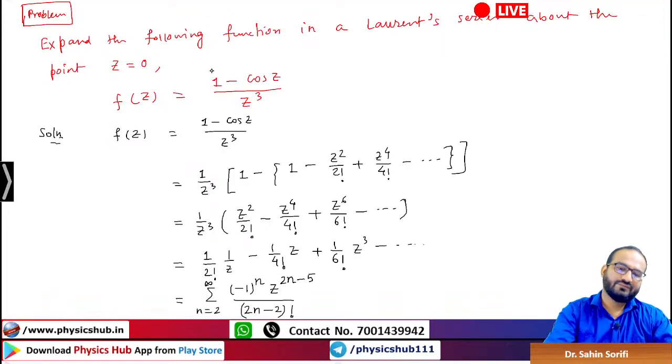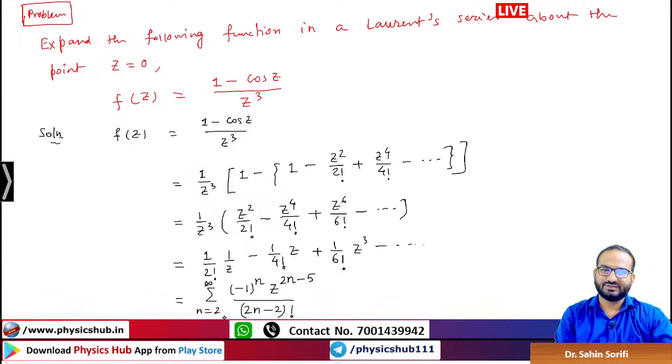You can ignore the final step. In the final step we have just written it in the form of a summation, nothing else. By looking at the terms, we have tried to formulate a summation. If you write the summation, you start with n equals 2 to infinity, then you get this.